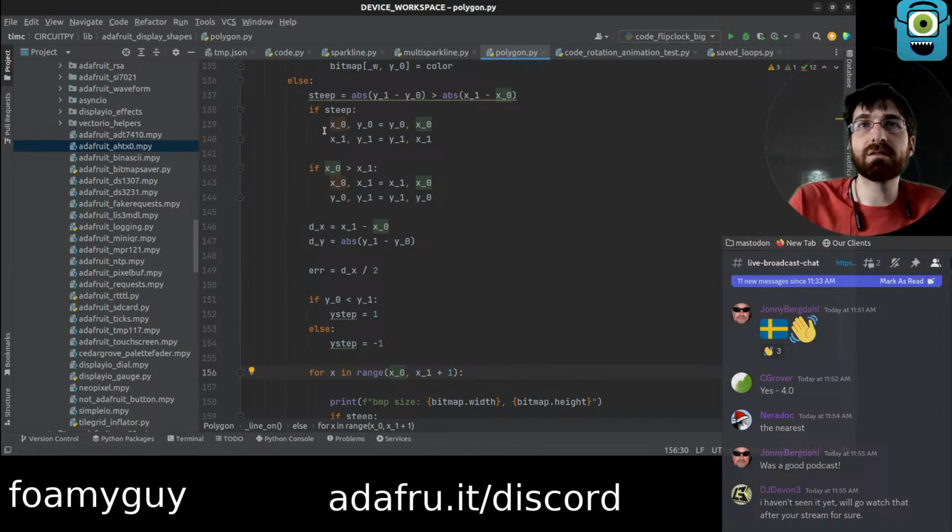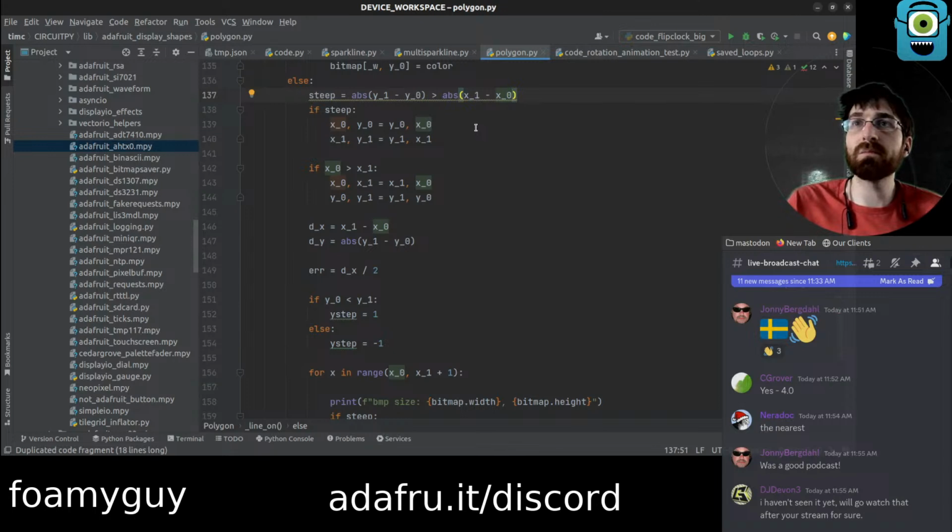Steep is determined by this: the absolute value of, I guess, is that the slope? I don't know. From x1 minus x0, it's greater than the absolute value of the y's. The difference in the x's is less than the difference in the y's, then it's steep.